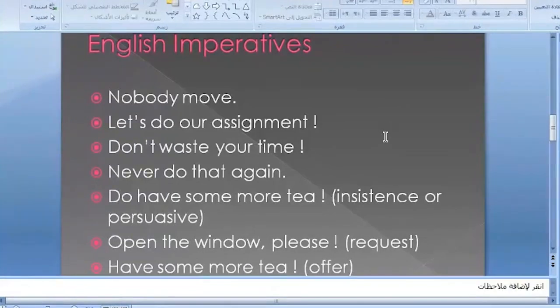Such type of imperatives are called what? Inclusive imperatives. Why inclusive? Because not only the listener is addressed, the speaker is also included. And one of the functions of such type of an imperative is to give a suggestion. Here I suggest doing our assignment. And in Arabic we say دعنا نؤدي أو نعمل واجبنا.